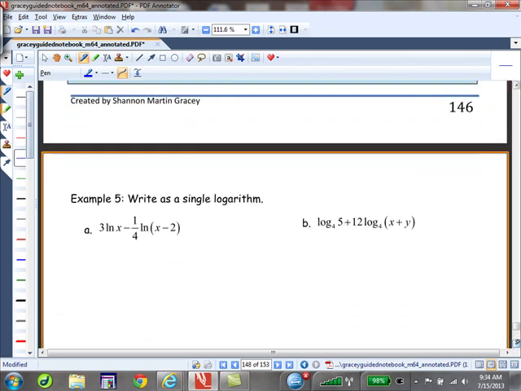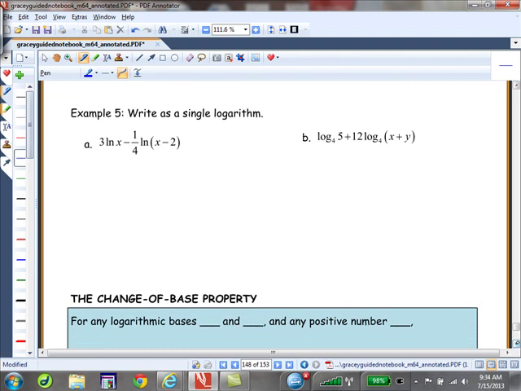So here we go. We'll go ahead and condense these. So this will be natural log of x cubed from the first term minus natural log of x minus 2 to the 1/4 power. You can get tricky with condensing. You've got to make sure you have the same base. Both of these are natural logs, so we have the same base.